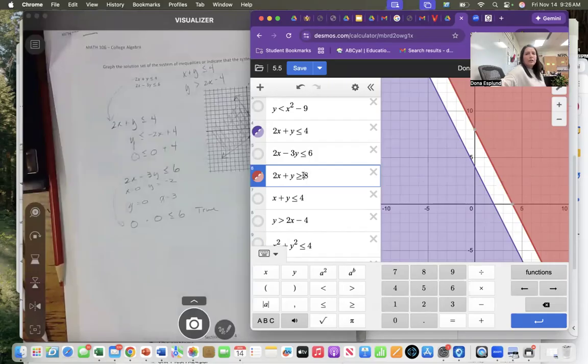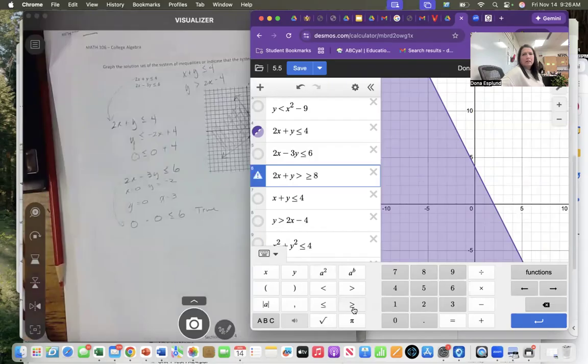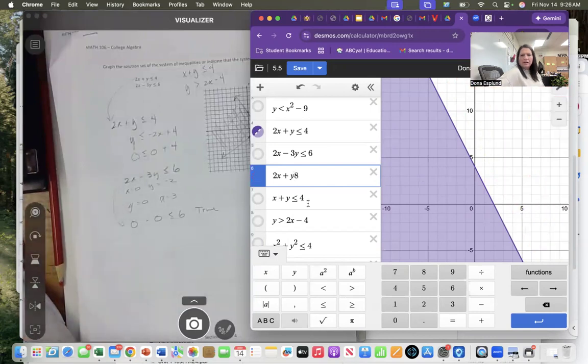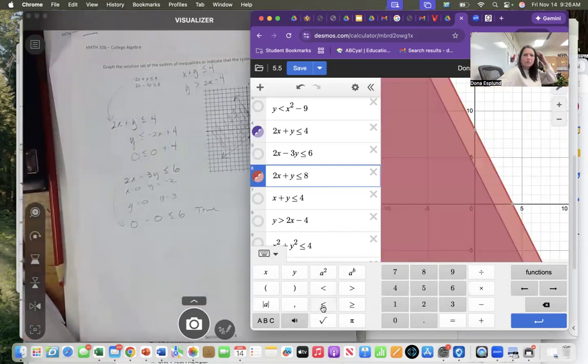If I had this one changed and say this one happened to be greater than. Oh, I've got two things, this is giving me an error. Let's go less than. So I'm going to change that and go less than or equal to.